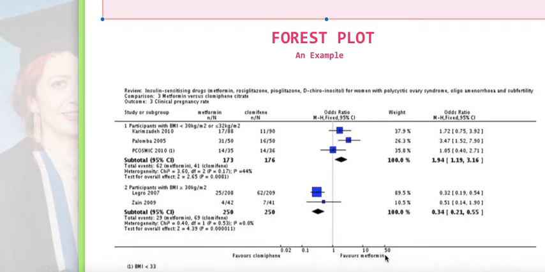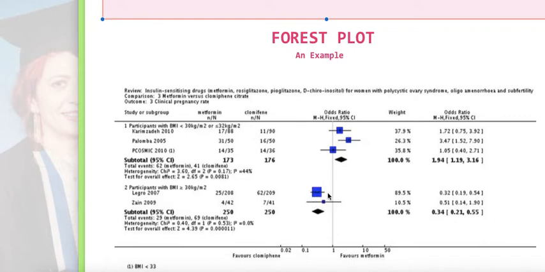So metformin was found more effective. We'll talk now about in what case it is more effective, but let me go on to this one. These boxes are indicating that in these studies clomiphene was found to be more effective.